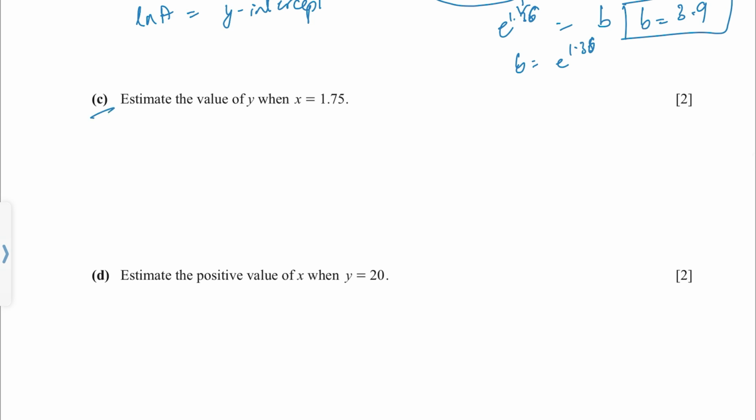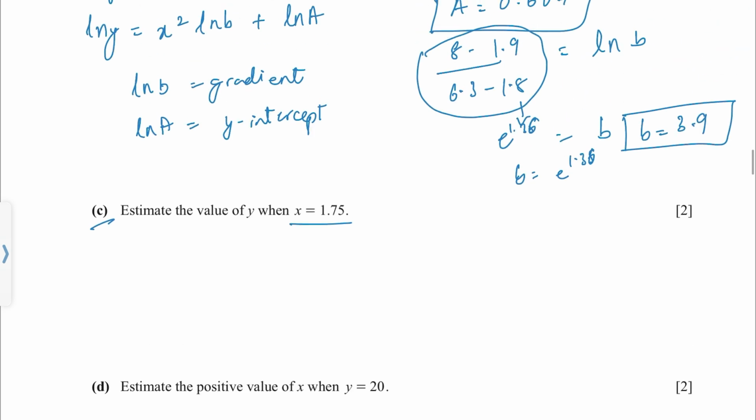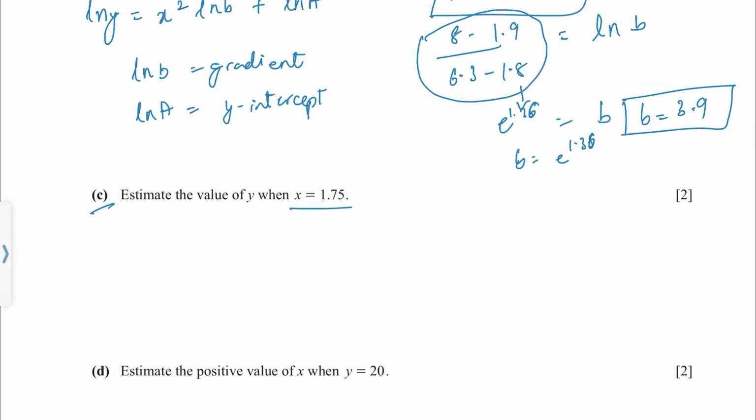Moving on to part c, estimate the value of y when x equals 1.75. So when x equals 1.75, we will be converting this to x squared. x equals 1.75, squaring both sides. So x squared would be 1.75 squared, which would be 3.0625.